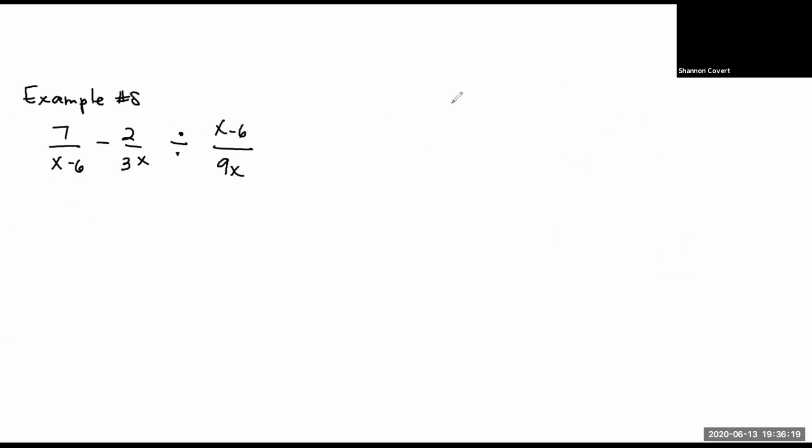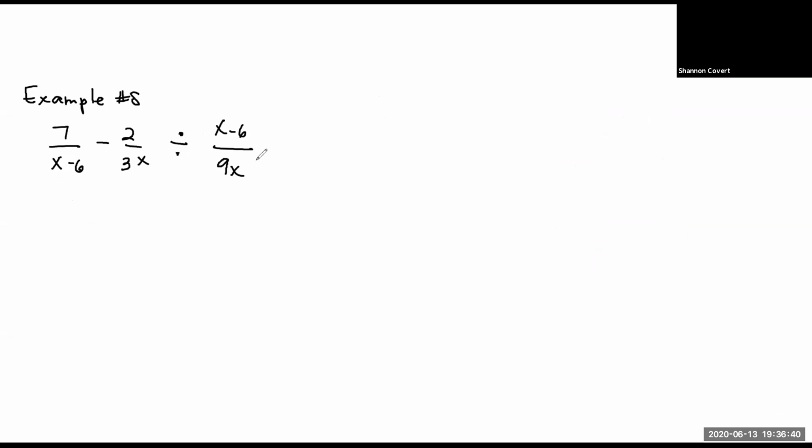Example number 8. This is the third type. So this is a rational expression where I have subtraction and division, because I have 7 over x minus 6 minus 2 over 3x divided by x minus 6 over 9x.